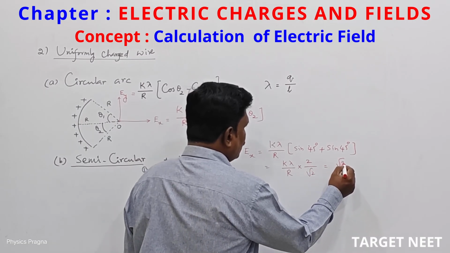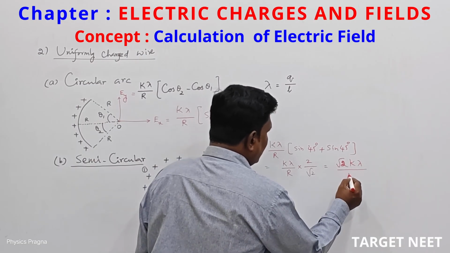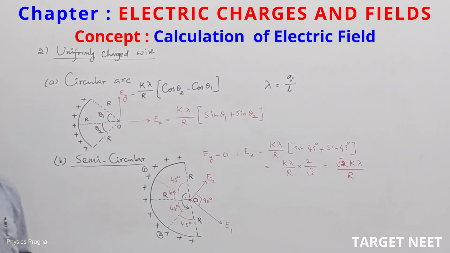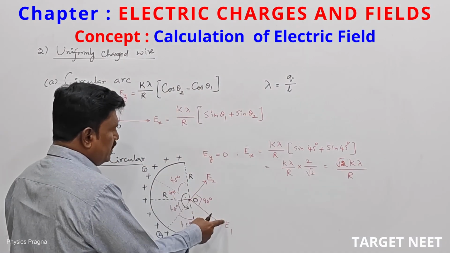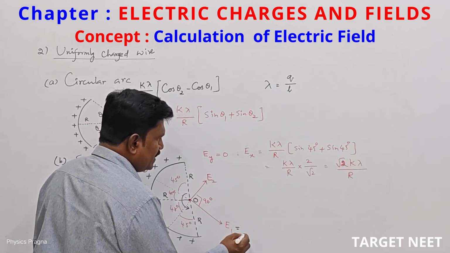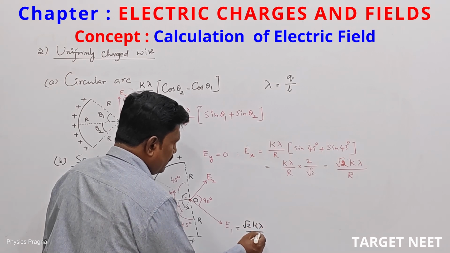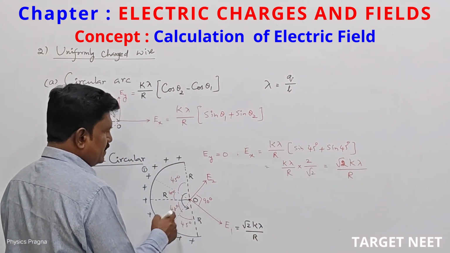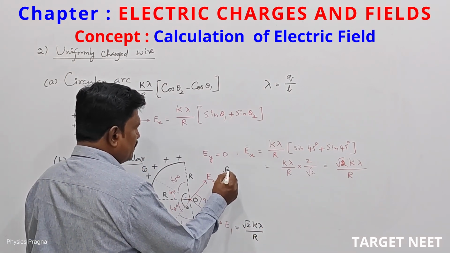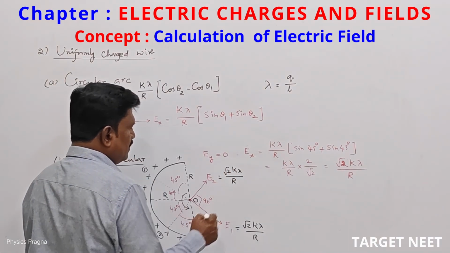So here root 2 k lambda by r. That is the x component. E1, E2 both are x components, so both values are the same. This is root 2 k lambda by r, R is the radius. This is also the same, root 2 k lambda by r.